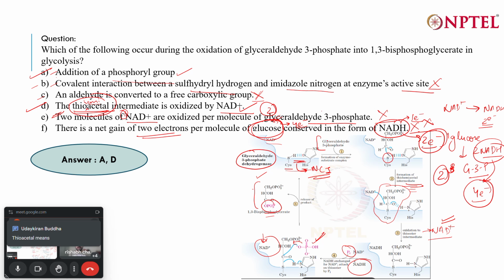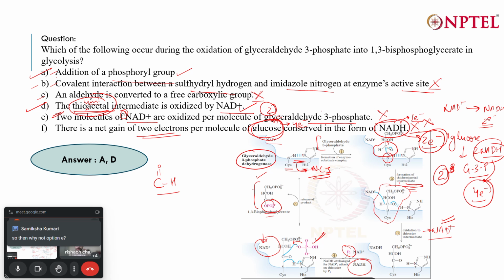Okay, so thioacetyl. Actually, acetyl is a group that is formed by the aldehyde group. So when an aldehyde reacts with any of the other molecules, it forms an acetyl group. As you can see here, this is the aldehyde group from the glyceraldehyde, and it is forming an acetyl group.